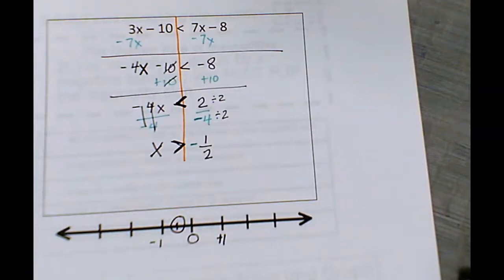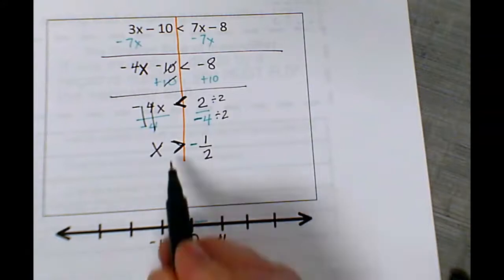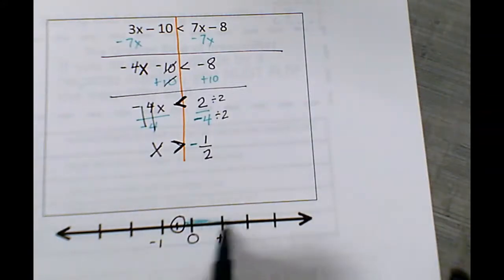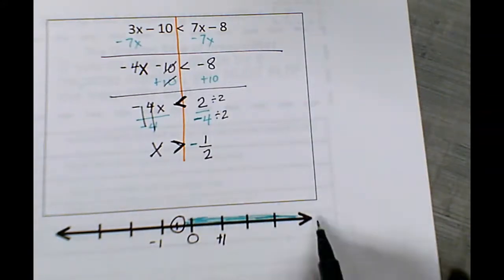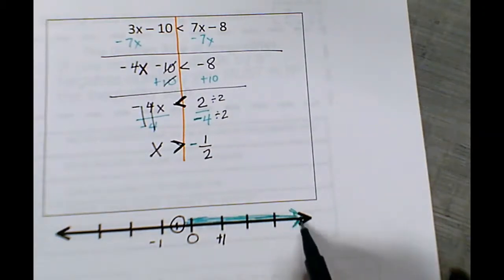It would not be colored in because I do not have an or equal to, and it's going to go this way. All of these numbers going this way would make my original equation true.